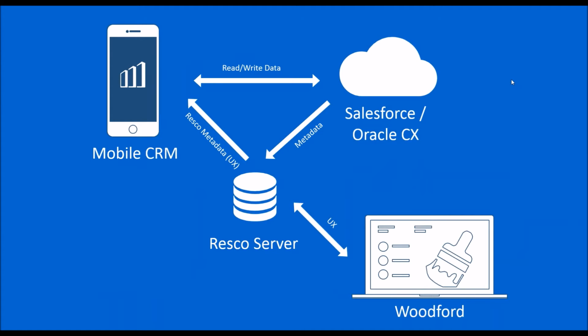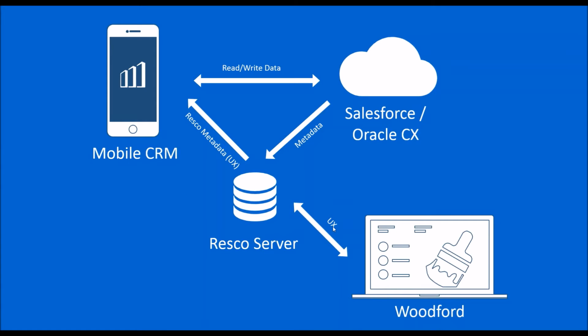Here is the picture, the architecture of the overall solution, and you may notice it's a little bit more complex than with Dynamics CRM. So let me go through the main components. You have here the backend system, in this case Salesforce or Oracle Sales Cloud. You have the mobile application, Resco Mobile CRM, and you have Woodford, the customization tool.